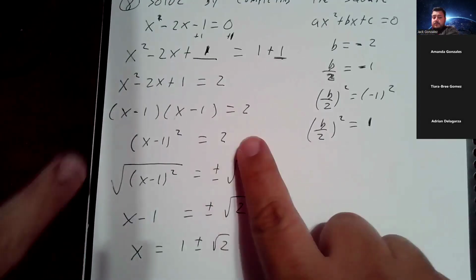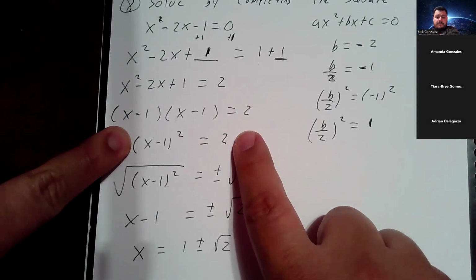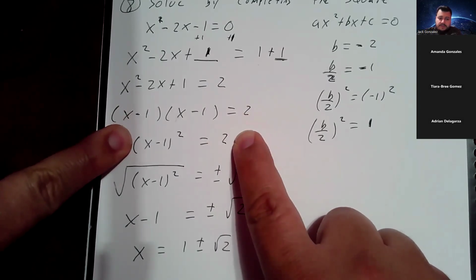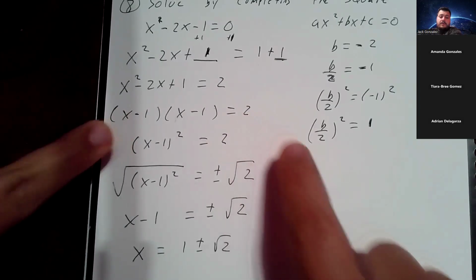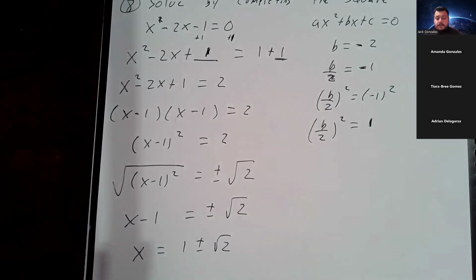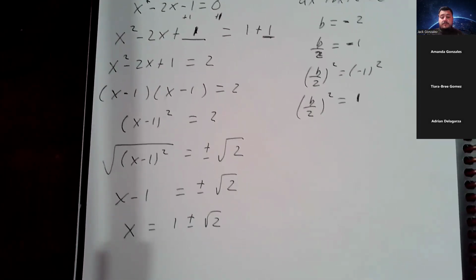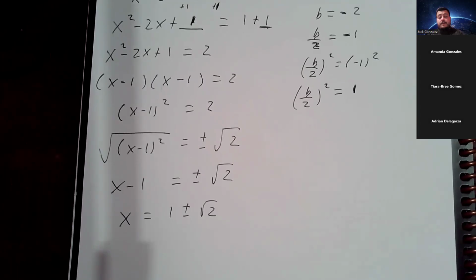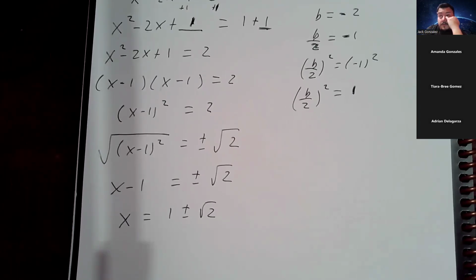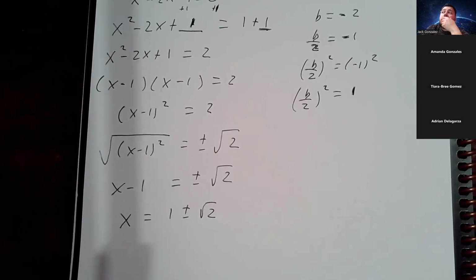And once we complete it, we end up with an opportunity to use the square root property, which then gets us the answer. But originally we couldn't do it. So whenever you complete the square, you're going to end up wanting to, most of the time, square root both sides. Okay.